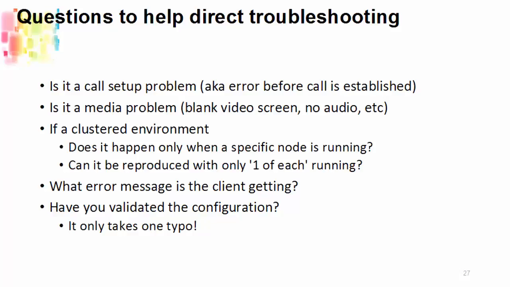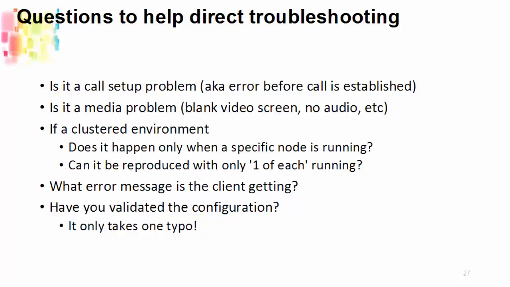It only takes a single typo or a config that's been copied and pasted from one server to another that's not valid to cause a little hiccup in the system. So validate your config steps, because that's one of the things we're going to do right off the bat most of the time, is ask for the config and walk through it and make sure that things are set up the way we expect. And again, it only takes one typo. An invalid host name in the wrong location can cause all kinds of problems.